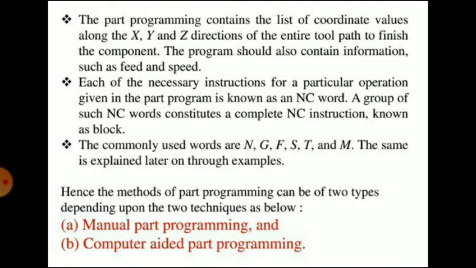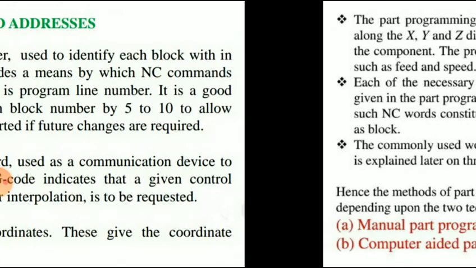A group of such NC words constitutes a complete NC instruction known as a block. The commonly used words are N for the sequence, G for the preparatory functions, F for the feed, S for the spindle speed, T for the tool number, and M for miscellaneous operations. The same is explained in the next slides.